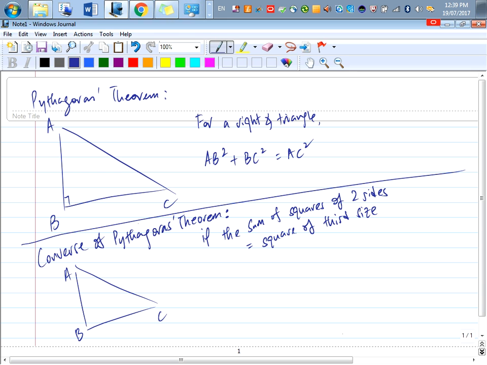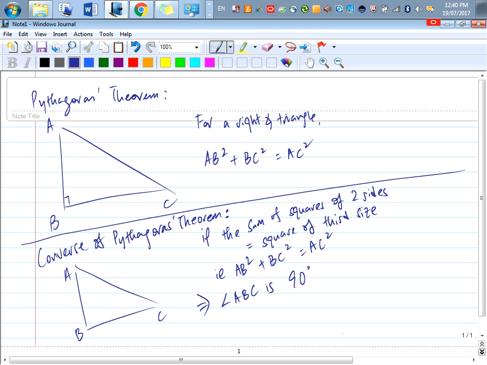Okay, in this case, let's say if AB square plus BC square equals to AC square, that is, if this is fulfilled, then I can conclude. And what do I conclude? I conclude that angle ABC is 90 degrees. Okay, it is a reverse. You must know the difference between Pythagoras theorem and converse of Pythagoras theorem.